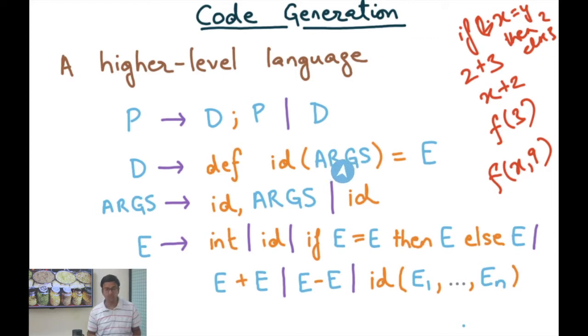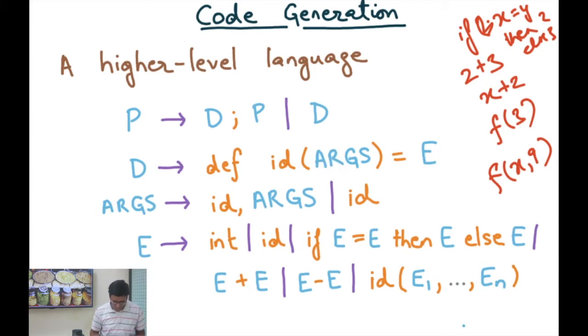So args is the formal arguments, the names of the formal arguments of the function that we are going to define, equals E. So the idea is that the function f takes as inputs these formal arguments args, and then makes a computation as denoted by E. All right, so that's what it means, and then somebody can call this function to evaluate E for the arguments supplied. We're going to see that as well.